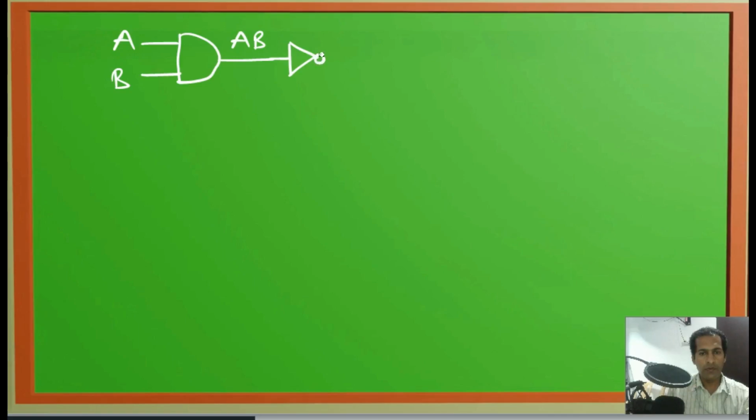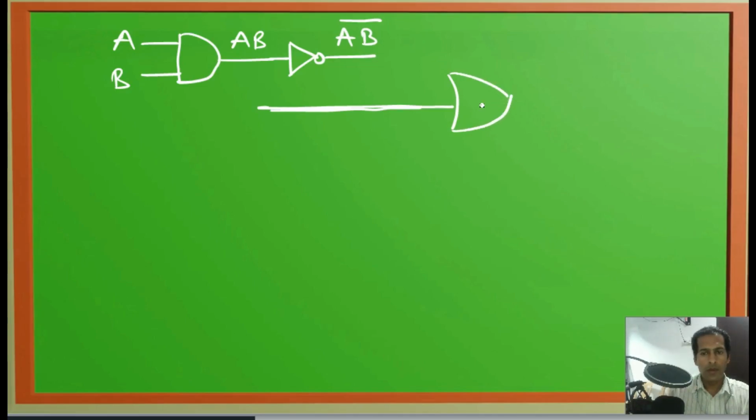If we give this output to the NOT gate, at the output of the NOT gate we get AB bar. Then the second input is A as it is, and this one will come from here. This is A.